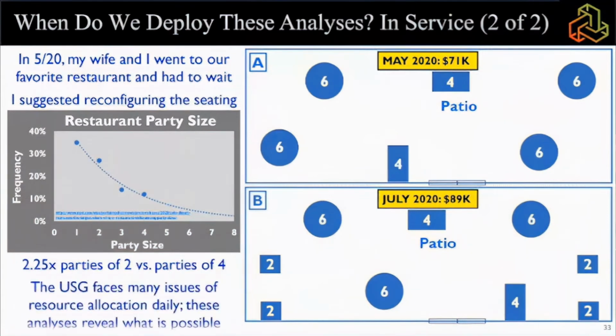And knowing that allows you to reallocate the resources in a way in which it makes sense. And so the government faces many questions about resource allocation all the time. And analyses like this reveal what is possible and what can become optimal if we take the time to do that.